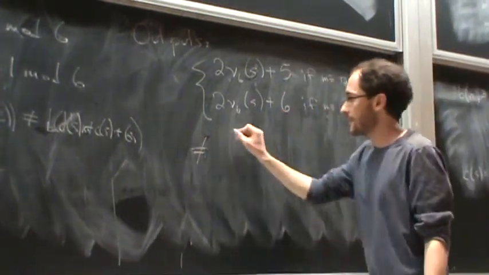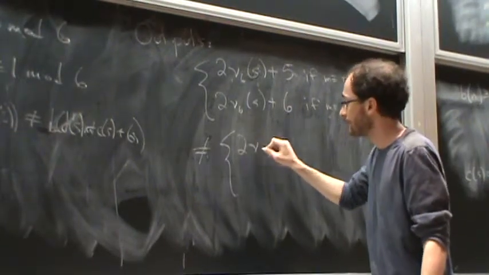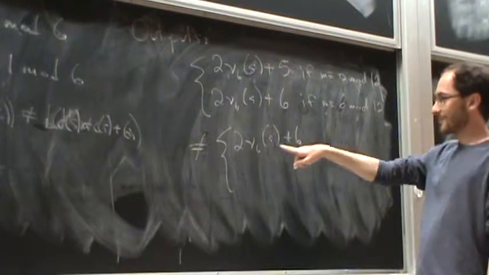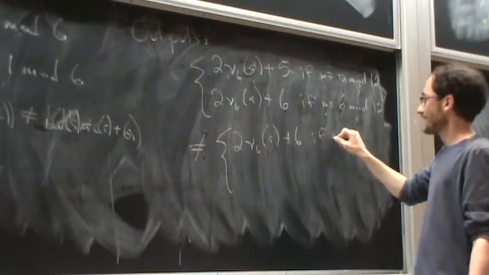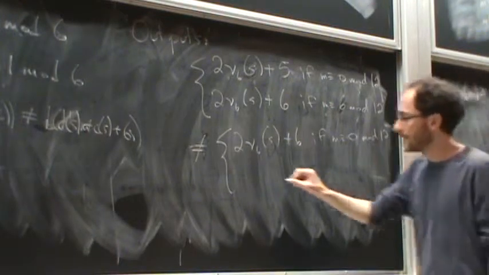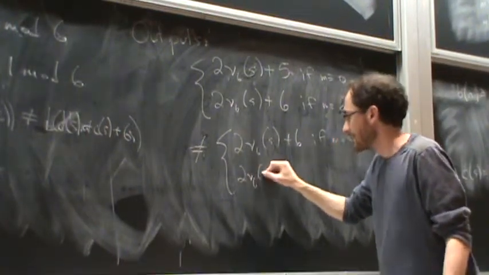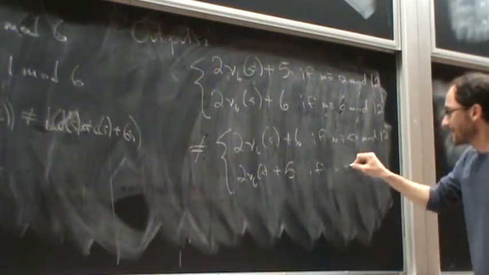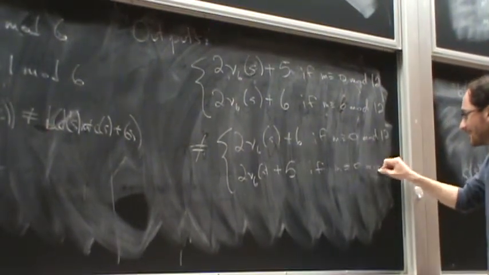And the right-hand side is 2 nu sub 6 of S plus 6 if M is 0 mod 12, and 2 nu sub 6 of S plus 5 if M is congruent to 6 mod 12.